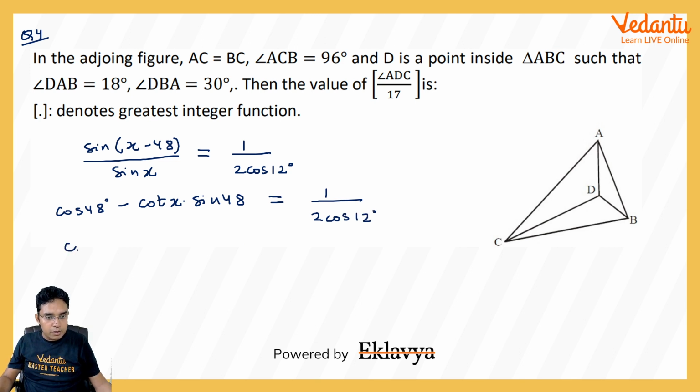So from this we get cot X equal to, this will go to that side, cos 48 degrees minus 1 upon 2 cos 12 degrees, and this whole divided by sin 48.